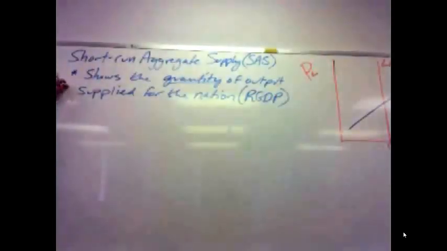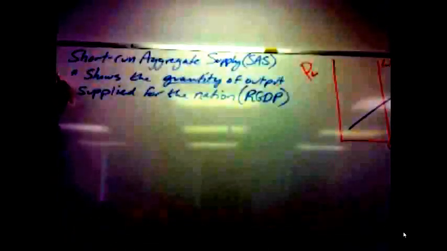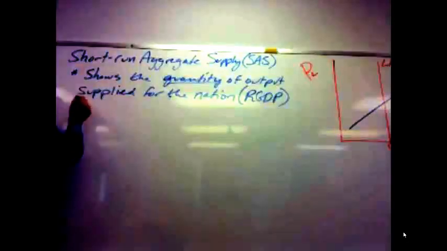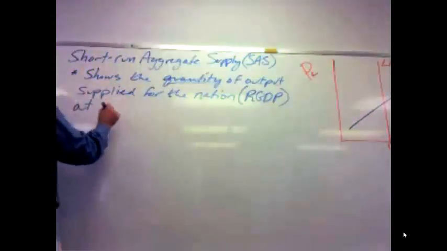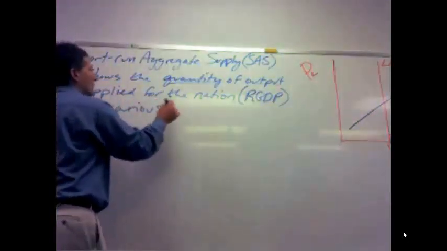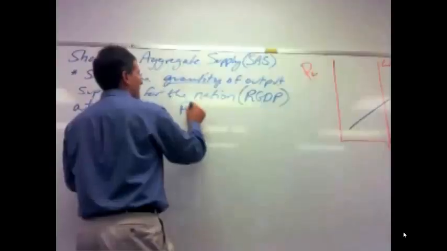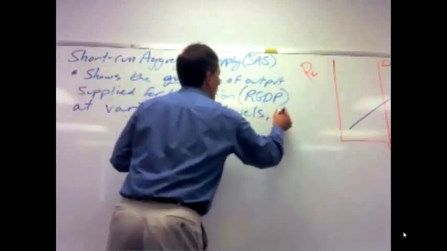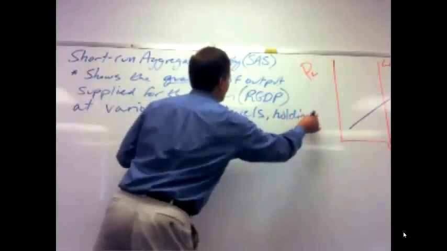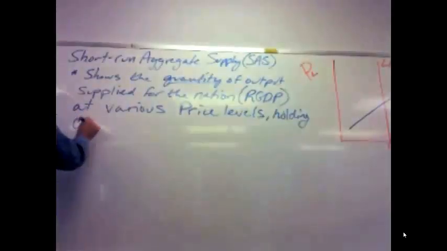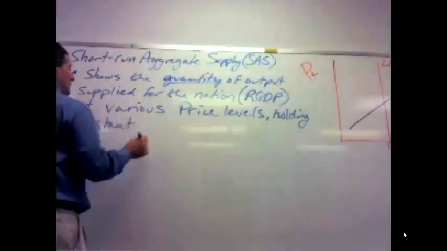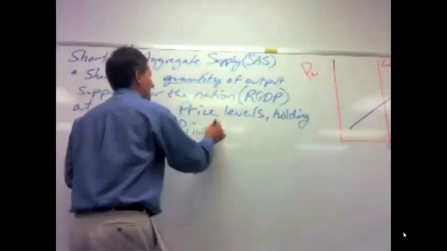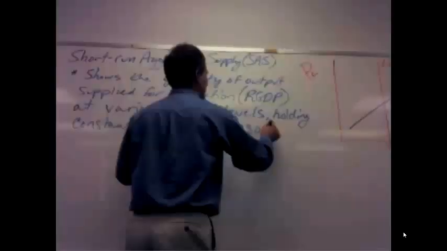So it shows the quantity of output supplied for the nation at various price levels, holding constant the price of resources.